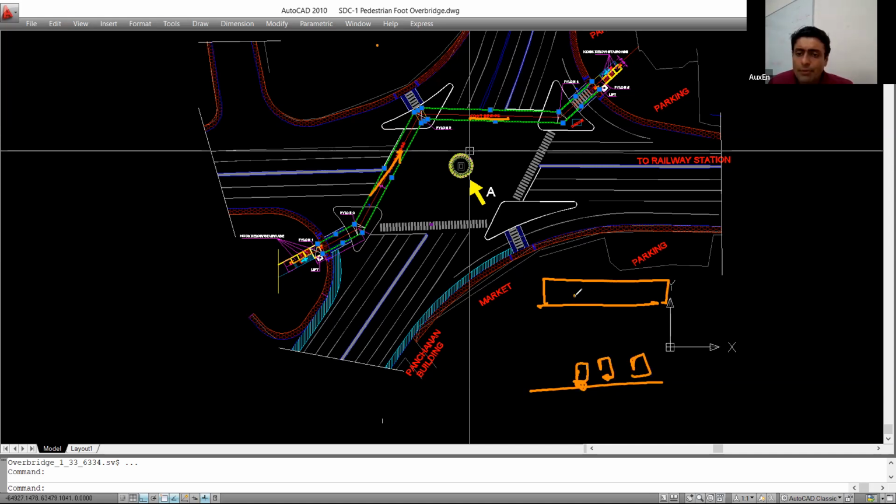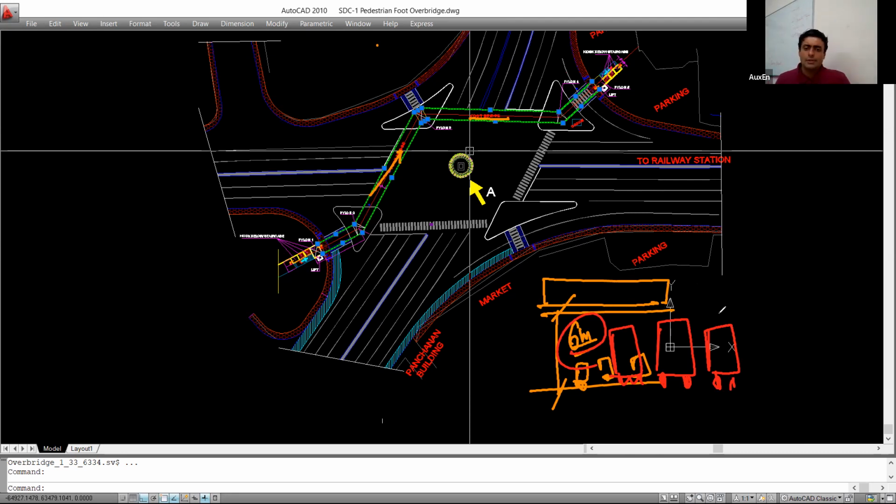So your bridge will be raised above the traffic level, above the road level, typically around 6 meters or 5 meters clear height, in case big trucks, or these days tanks, military equipment or military vehicles have to pass under it. The clear height should be sufficient for that also.